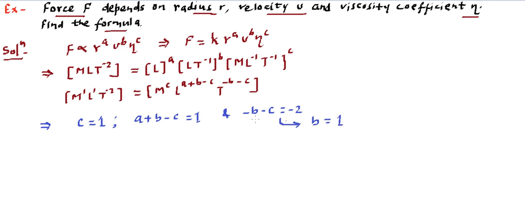Now putting the value of b and c on this, we can also find out what a is going to be. Comparing this, a is coming as 1. So ultimately we are getting a as 1, b as 1, c as 1.